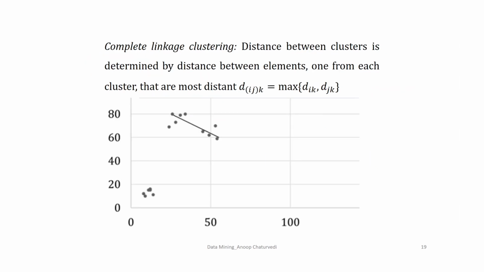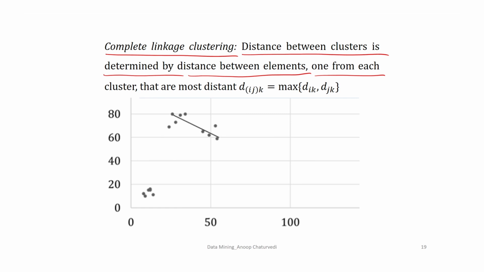Another linkage method is complete linkage clustering. In complete linkage clustering, the distance between clusters is determined by the distance between elements, one from each cluster, that are most distant.